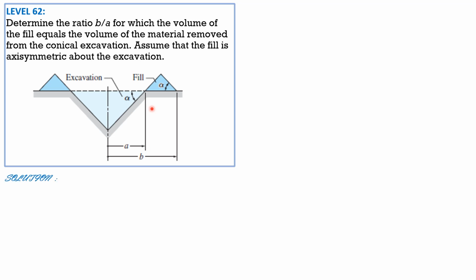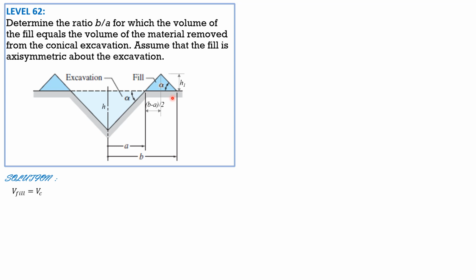So the idea is, let's call that H, and the height of the conical pile of material is H1. From the figure, this is B minus A over 2, half of the base of this triangular pile.